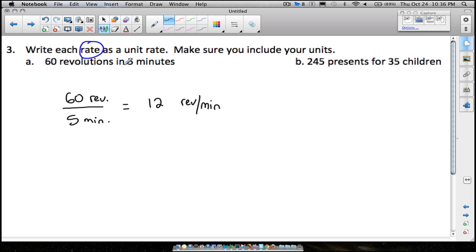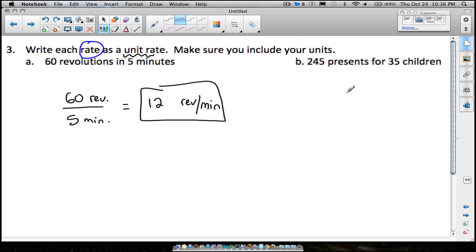The unit rate, we want to figure out how many revolutions it does in 1 minute. Well, if it does 60 revolutions in 5 minutes, it does 12 revolutions for every 1 minute. And that's our unit rate right there. So make sure you include your units, which I did right here.